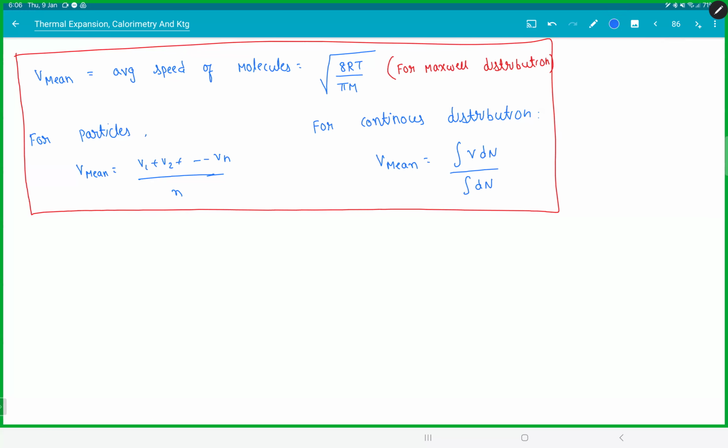Now, VRMS is something interesting. So what is RMS? VRMS, if you see, is root mean square speed. This is given by 3RT by M. So what this thing tells you is that it gives the energy of the system.